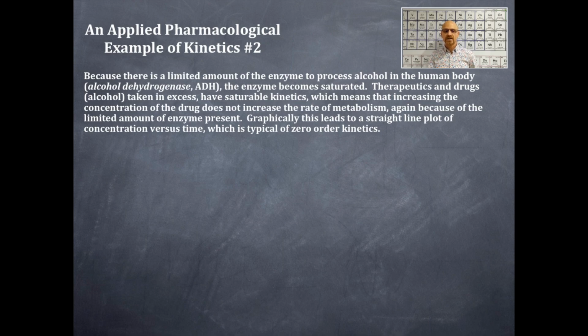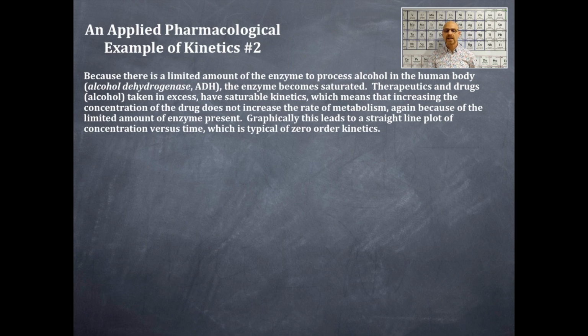Therapeutics and drugs, that is alcohol, taken in excess have saturable kinetics, which means that increasing the concentration of the drug does not increase the rate of metabolism, again because of the limited amount of the enzyme present.